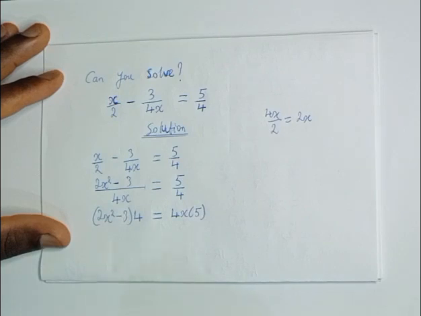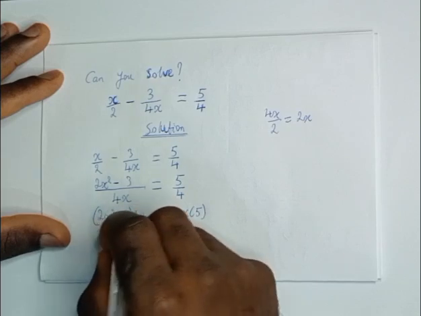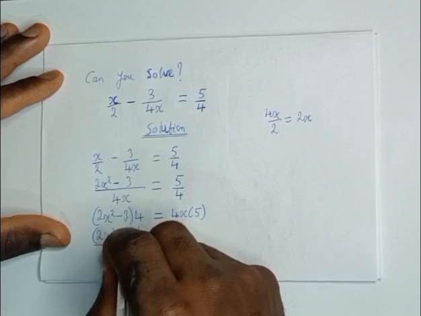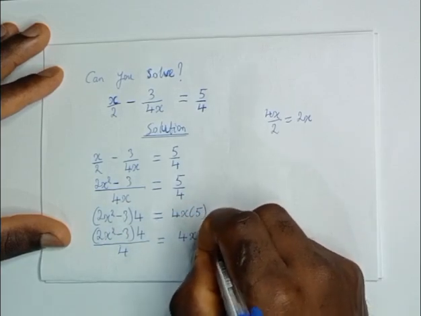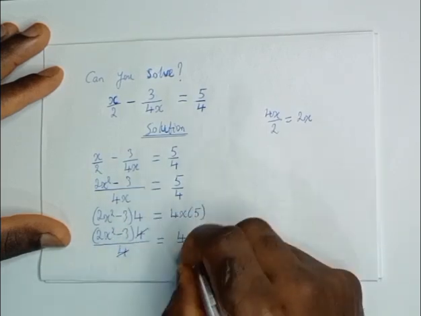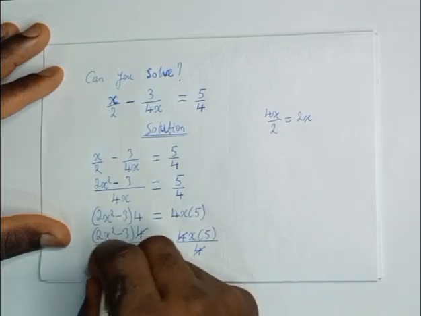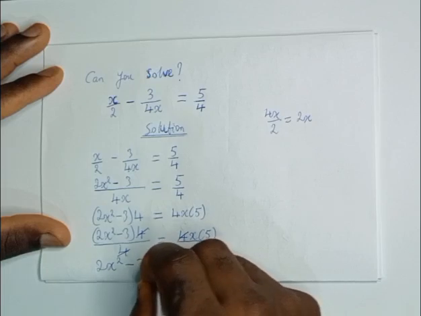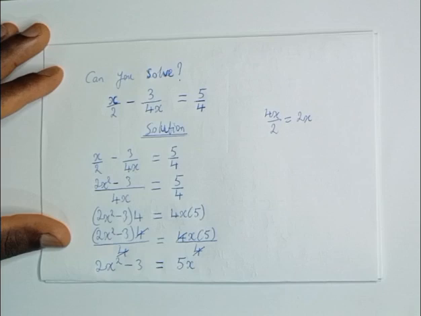Next step, we are going to divide all through by 4. 2x squared minus 3 times 4, we divide by 4, is equal to 4x times 5, then we divide by 4. 4 will strike 4 at the left hand side, 4 will strike 4 at the right hand side. We'll be left with 2x squared minus 3 is equal to x times 5 gives us 5x.